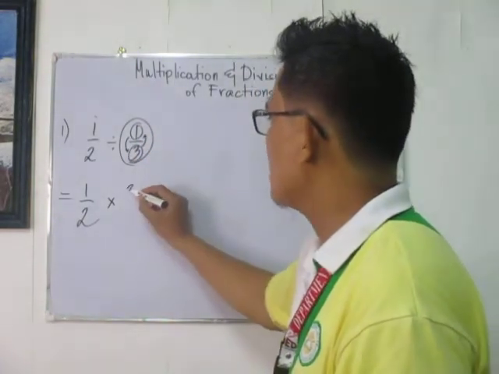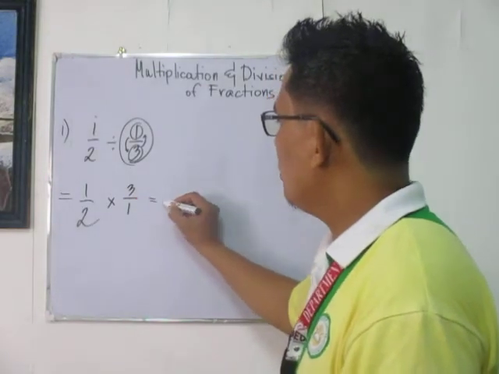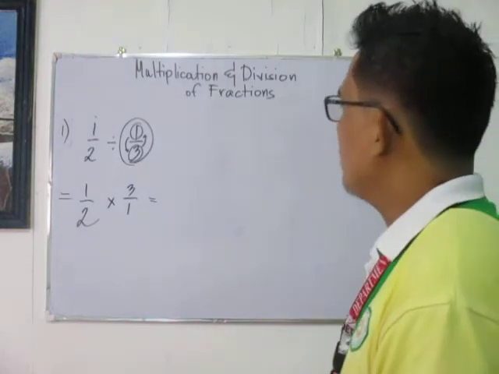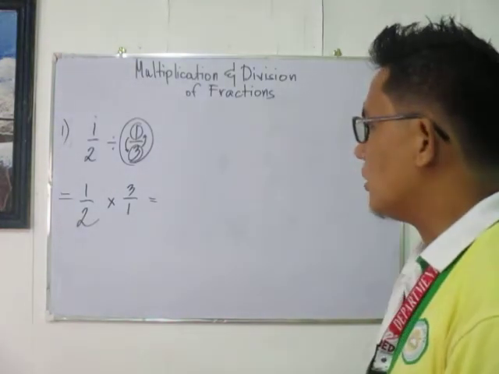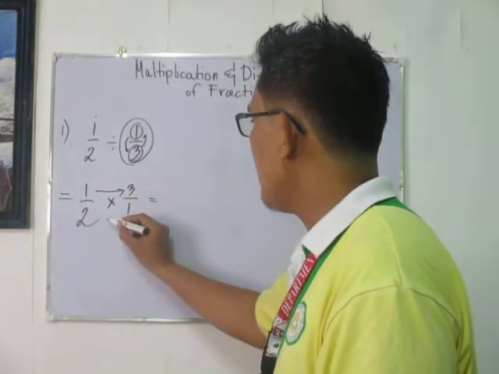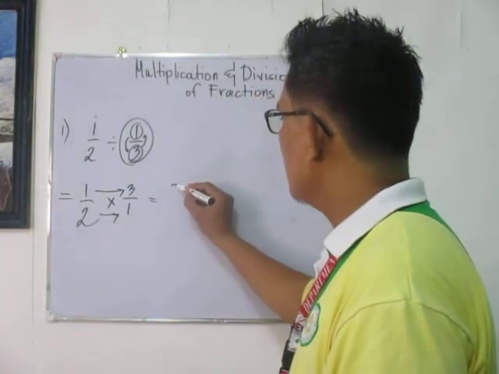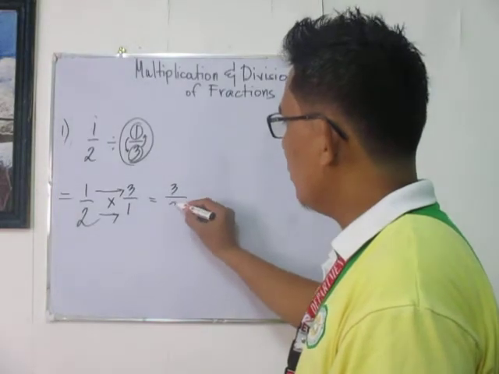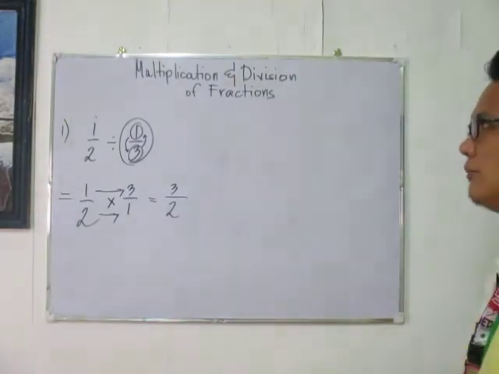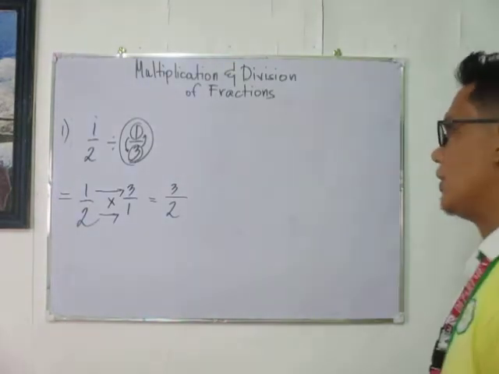So that becomes 3/1, then proceed as usual in finding the product, multiplying numerators and multiplying denominators. So that becomes 1 times 3 and 2 times 1. Therefore that is 3/2. And that is the quotient when we divide 1/2 by 1/3.